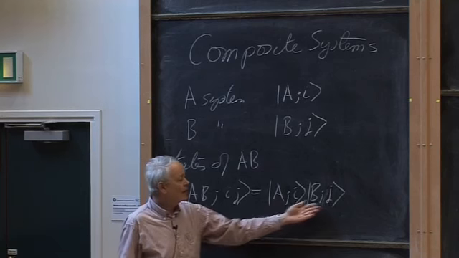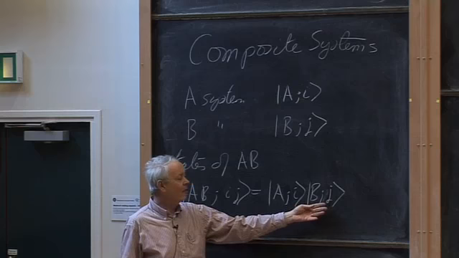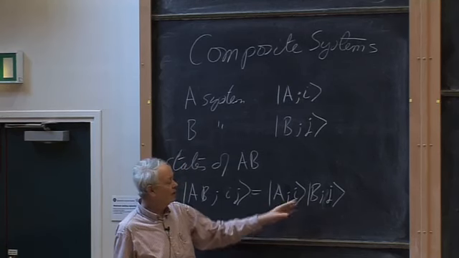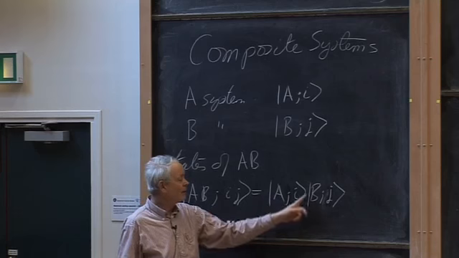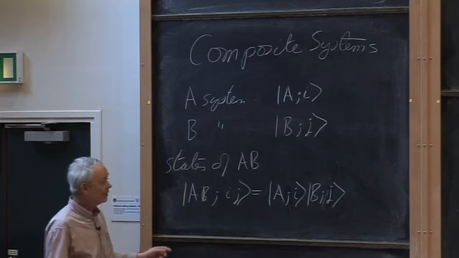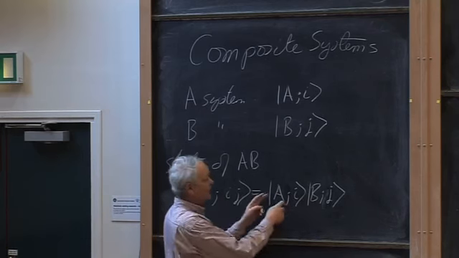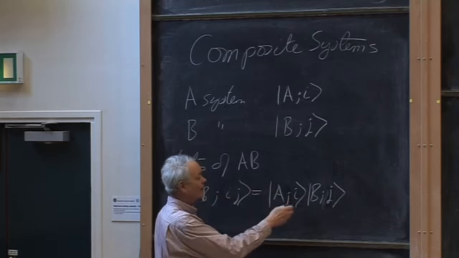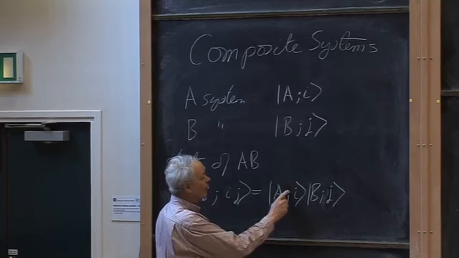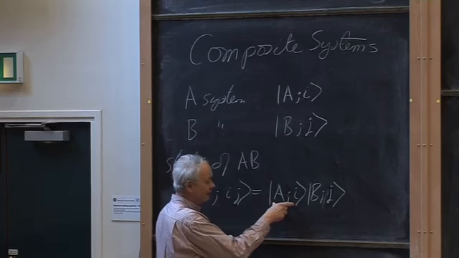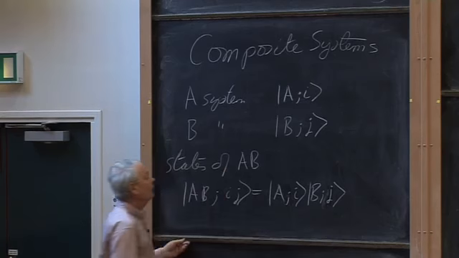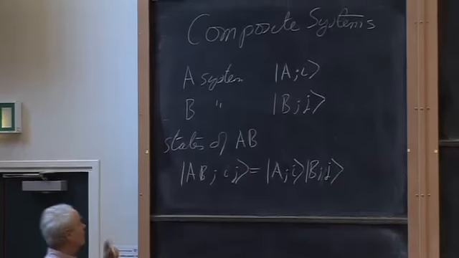On the right-hand side, we have a symbolic multiplication, and we don't need to worry too much about exactly what we mean by it. Officially it's a tensor product, but we don't want to frighten everybody. This is a symbolic multiplication of a ket on a ket. We'll find out how to interpret that as we go along.